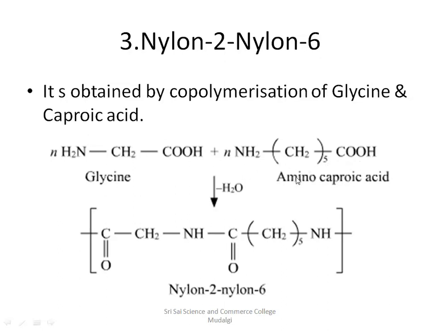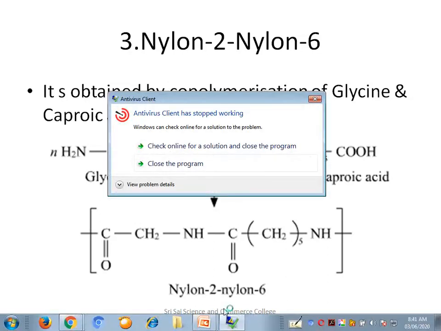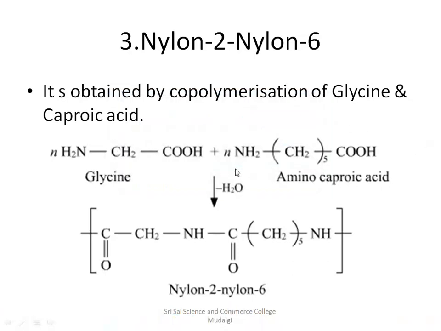It undergoes polymerization with removal of a water molecule to obtain what? Nylon 2, nylon 6, a biodegradable polymer. So biodegradable polymers have three examples: PHBV, PHB, and nylon 2, nylon 6. Each example is very important, my dear students. Try to remember the monomers as well as the structures of formation of these polymers.